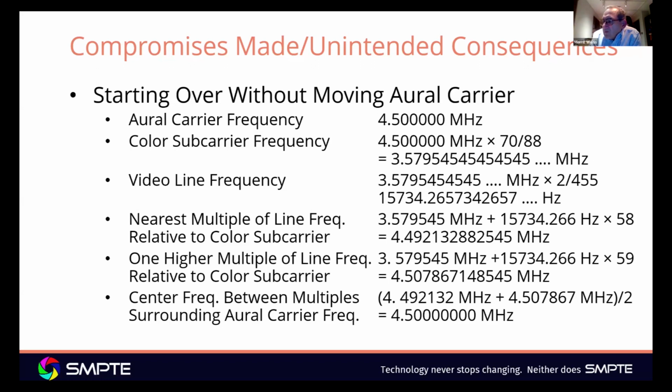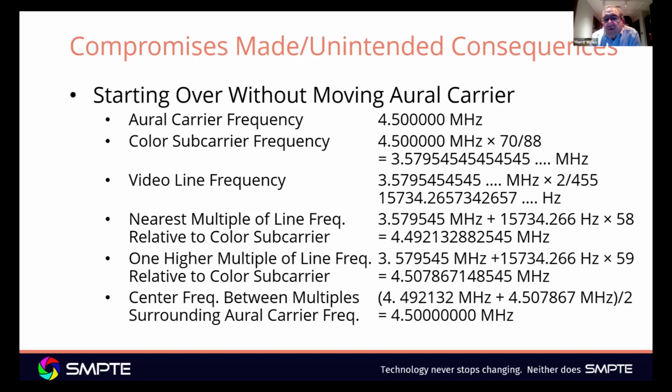Instead of starting with the line rate and working from the line rate up to the color subcarrier, and then from the color subcarrier, putting the oral where it needed to be, this starts at the other end, locks down the oral frequency at 4.5 megahertz, and then figures out what to do with it. So we start at 4.5 megahertz, and we want a lower color subcarrier than the 3.898125 megahertz that was used in the original system.